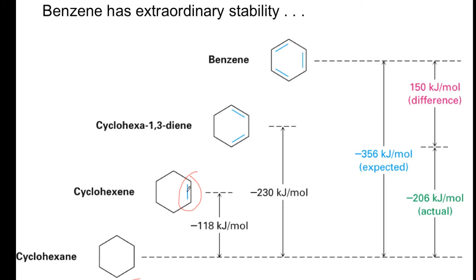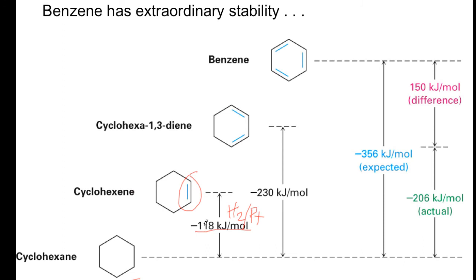So if I were to take cyclohexene and add 2 H's in the presence of a palladium or platinum catalyst, I could make cyclohexane, and I could measure how much net energy is released, and it turns out it's almost 120 kilojoules per mole. So you might imagine if you had 2 pi bonds in the ring, it would be twice as much.